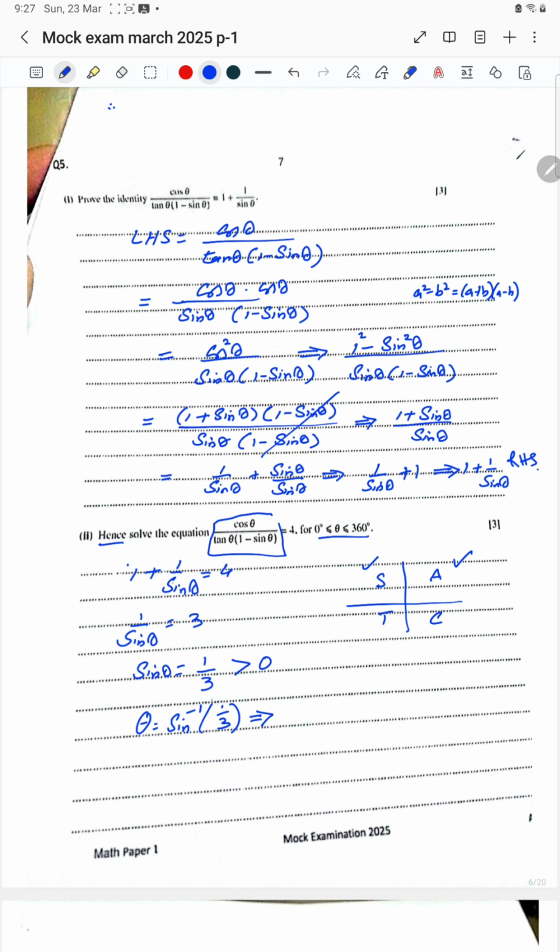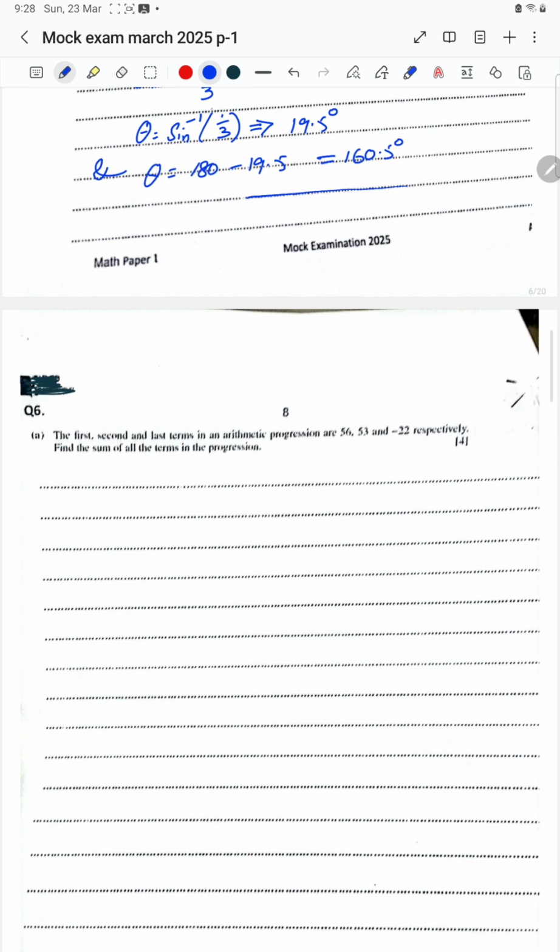This time you need to change the calculator mode to degrees. So it's 19.5 degrees, and this is in the first quadrant. The second quadrant, we know it will be 180 minus 19.5. So the other solution becomes 160.5 degrees. So these are two solutions of angles lying in the first and second quadrant.